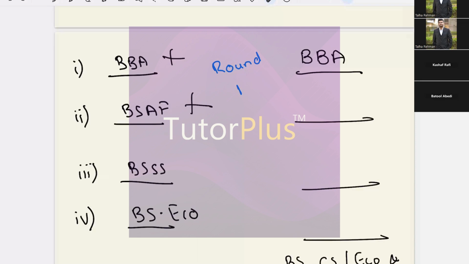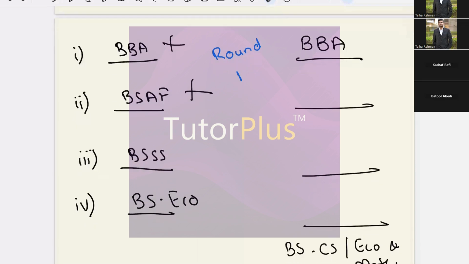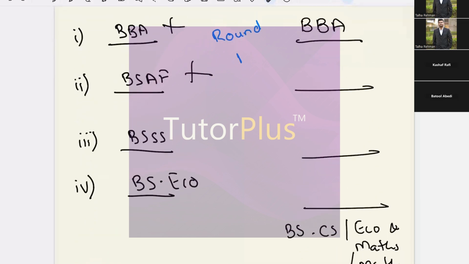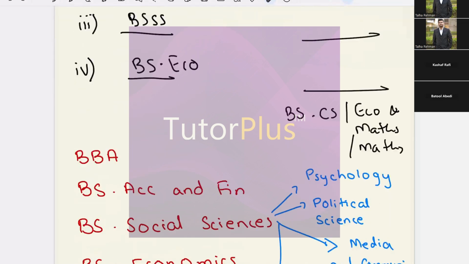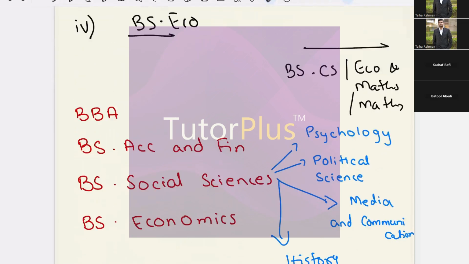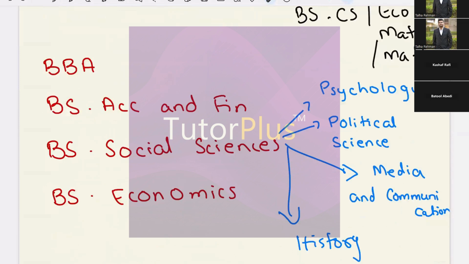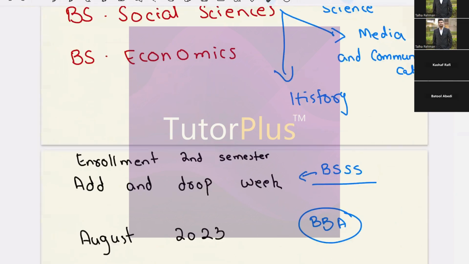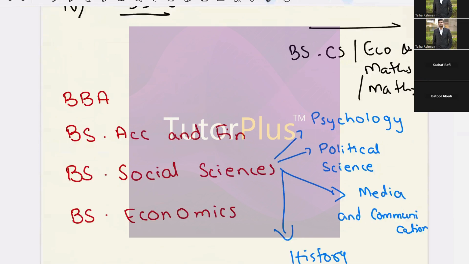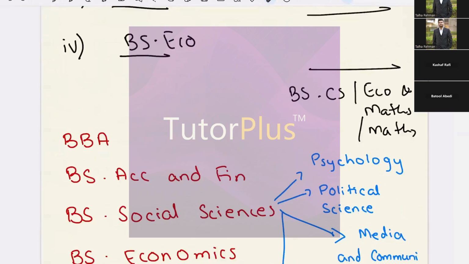So Rajbit, if I were to answer this question briefly, yes, they do. For IBA, we have four programs for which we have a test in February, and other programs for which we have a test in March. In February, you will be sitting the test for BBA, Accounting and Finance, Social Sciences and Economics.